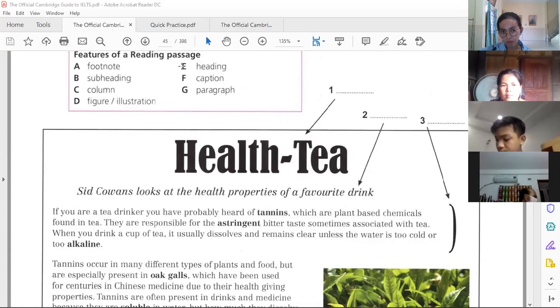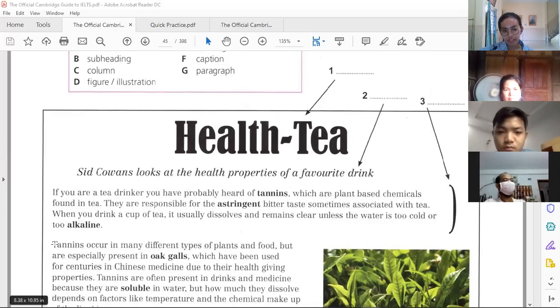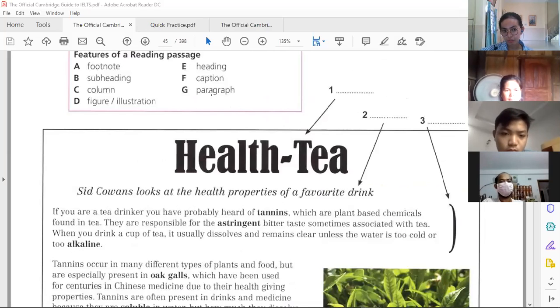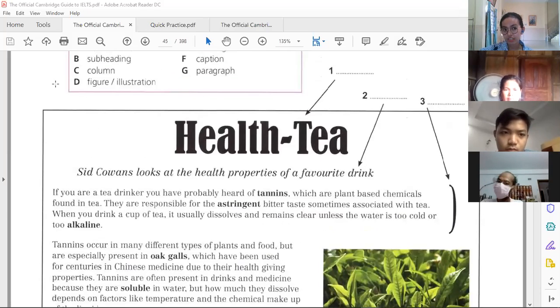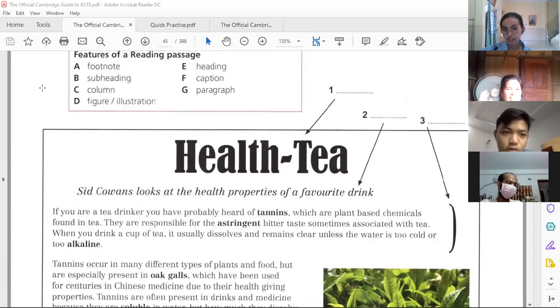Okay, title, or another word is, which one? Heading. And some italic words or sentences below the heading is called? Subheading. And the rest of the wordings or letters, they are called? Paragraph. And pictures are called? Illustration, or figure.